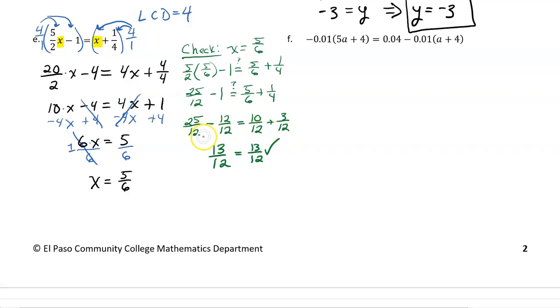So I end up with 25/12 minus 12/12. The denominators are the same, so I can subtract the numerators. 25 minus 12 is 13. On the right side, I have 12s again. 10 plus 3 gives me 13. So the equation matches up. Our solution checks out. That means our answer is in fact 5/6.